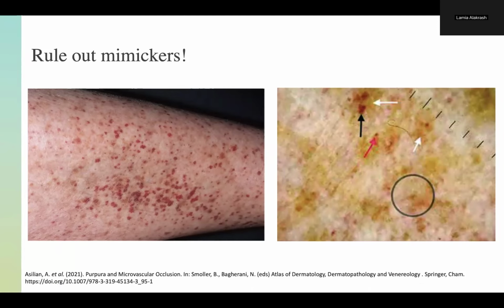When we have clustered petechial hemorrhage on a yellowish-brownish background over the lower extremities, with closer examination or dermoscopic examination, you find more yellowish color. This indicates hemosiderin deposition. So this is pigmented purpuric dermatosis. As we mentioned, it's a benign, non-inflammatory condition, nothing to be done. You can reassure your patients.